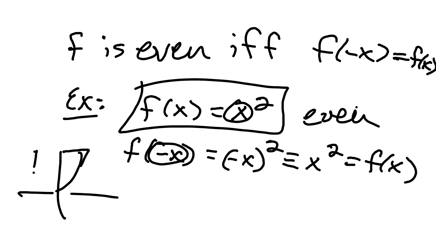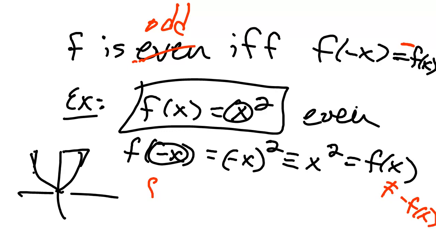All right, so starting to lose drawing capability here. All right, there we go. Symmetric with respect to the y-axis. And then we also have f of x is odd, just to finish this up. It's odd if f of minus x equals the opposite of f of x. Of course, the x squared one is not equal to the opposite of f of x, so it's not odd.